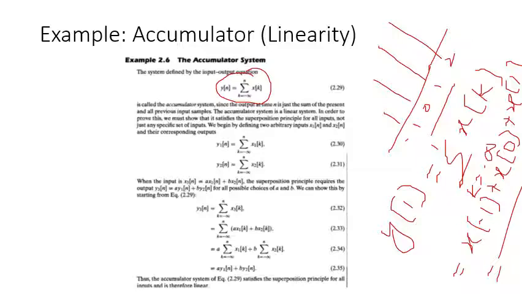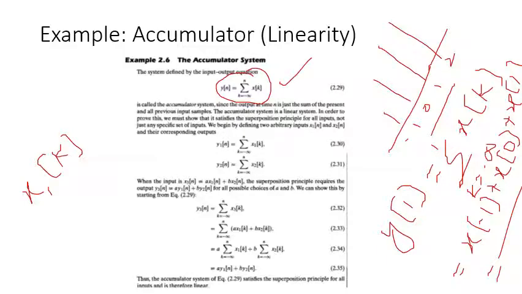So we want to check whether this system is linear or not. We have to satisfy two rules: additivity and scaling. We pass one input x1 of k through the system, which basically adds the previous values.